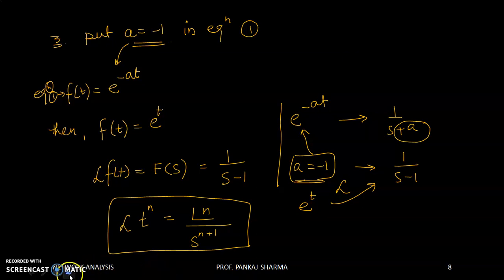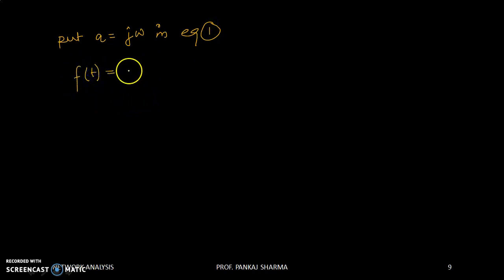Now let us move towards another thing. Now put a is equal to j omega in equation 1. It will become f of t is equal to e raised to power minus at, which is e raised to power minus j omega t.